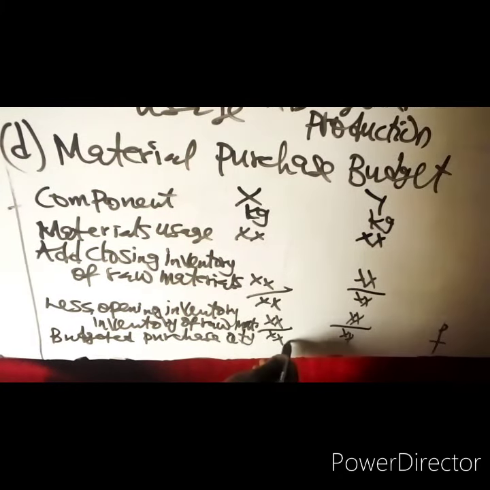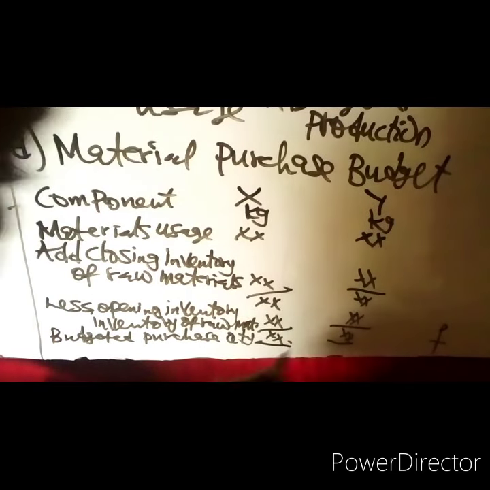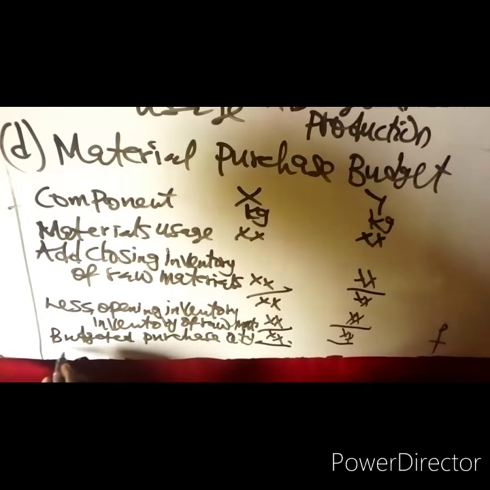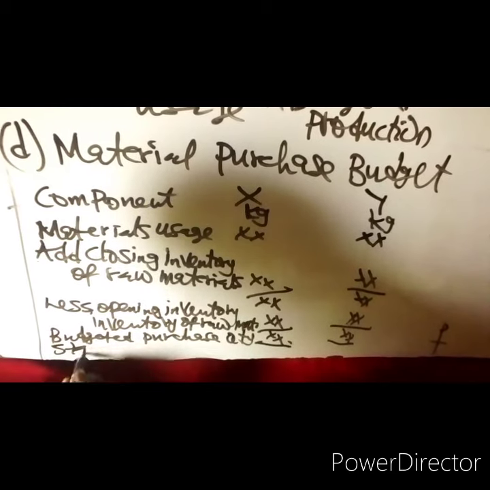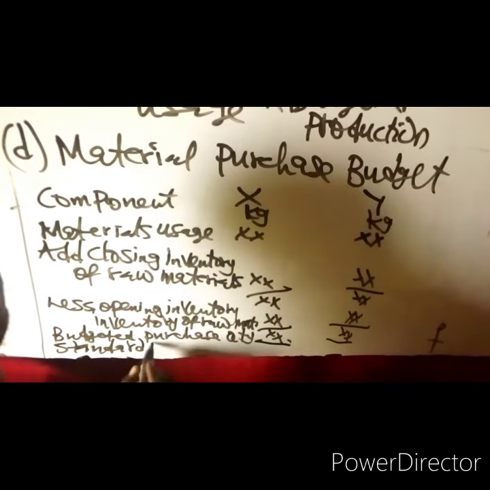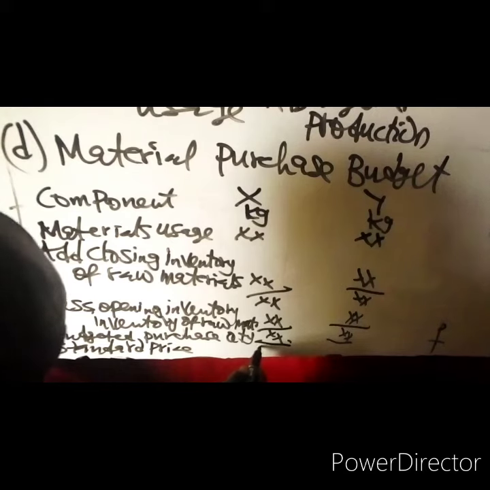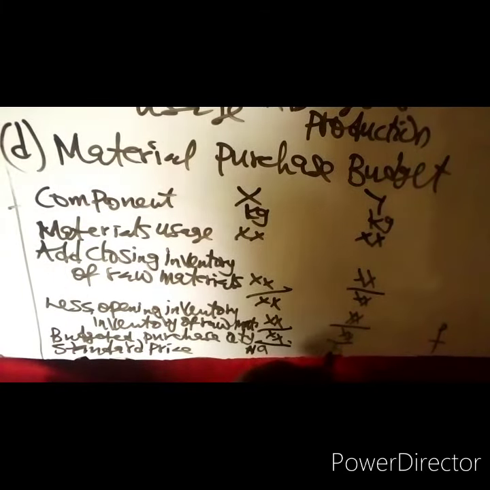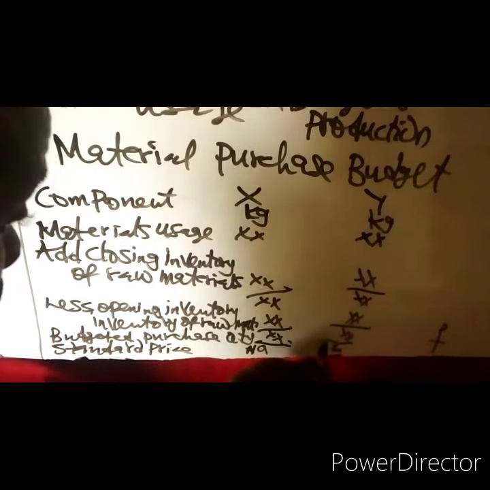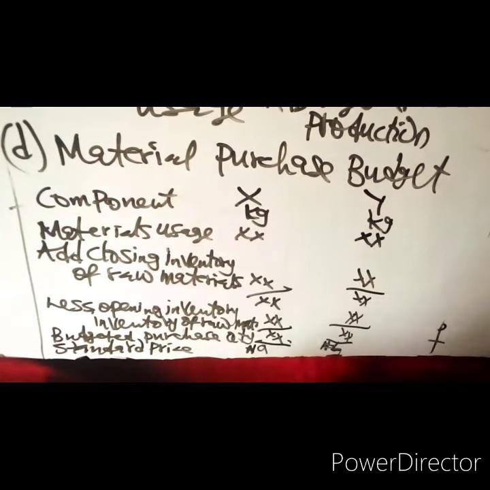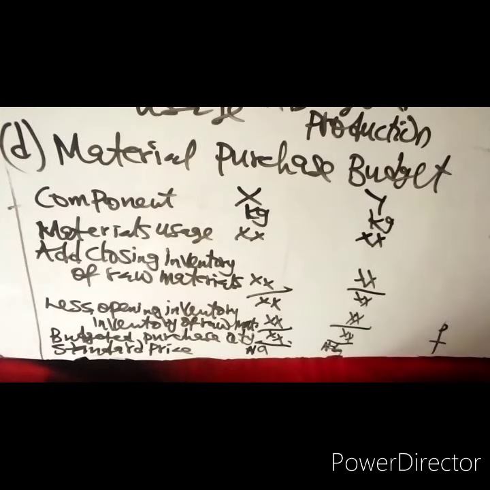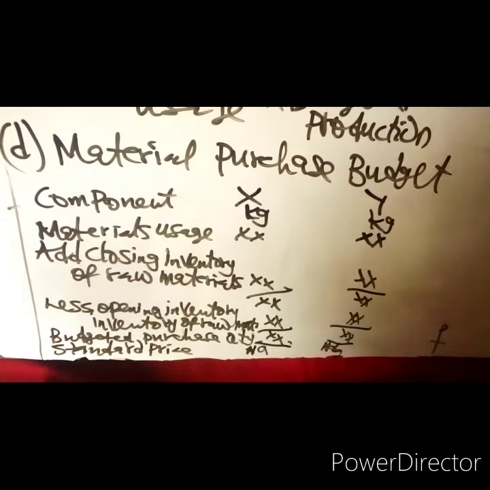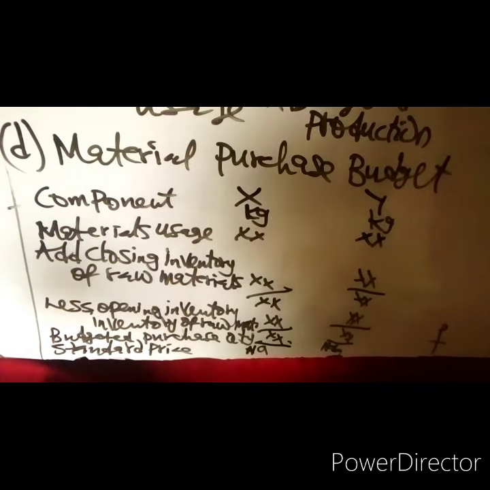Then you now multiply by the standard price of materials. It may be A naira, it may be B naira for the other one. So when you multiply the standard price by the budgeted quantity purchased, you get the budgeted purchase cost.